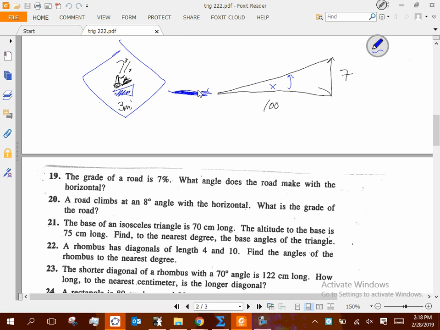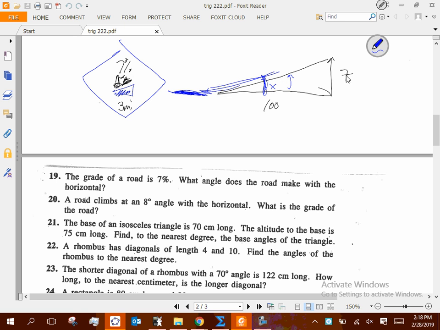If I walk up the overpass, the actual physical road is going to make an angle with that path that we call the horizontal, that I would have walked if I had walked across 75. Does that make sense, everybody? That's what they're asking for here. When they say, what is the angle the road makes with the horizontal, we're looking for this X here.